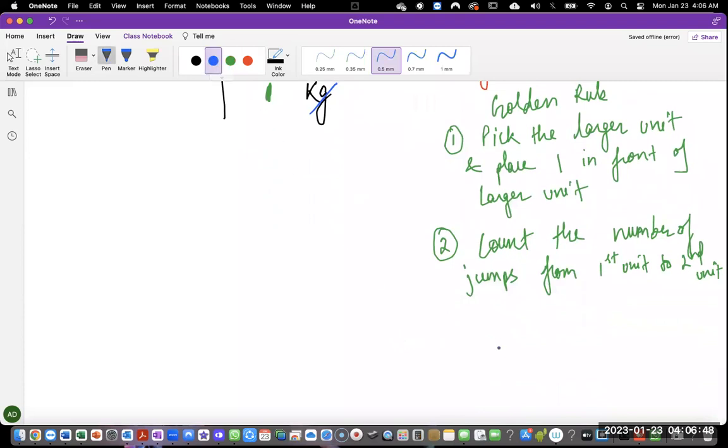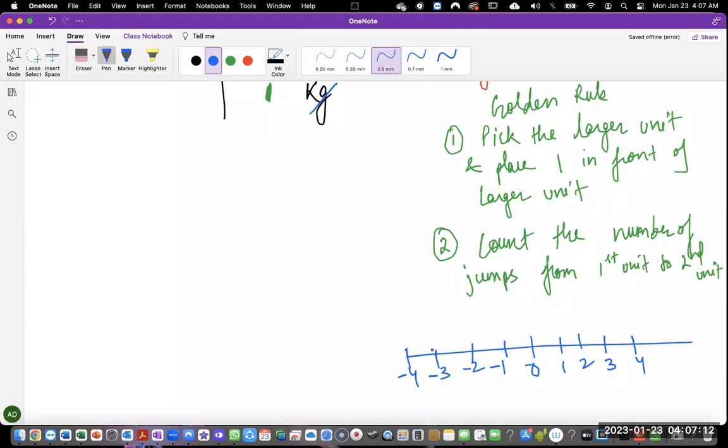So let's write down the number line and try to learn what we're trying to say. So if this is -1, -2, -3, -4. On the other hand, you have +1, +2, +3, +4, and there's 0 in the center. Don't forget the 0. So the question is, rule number 2 says count the number of jumps from the first unit to the second unit.